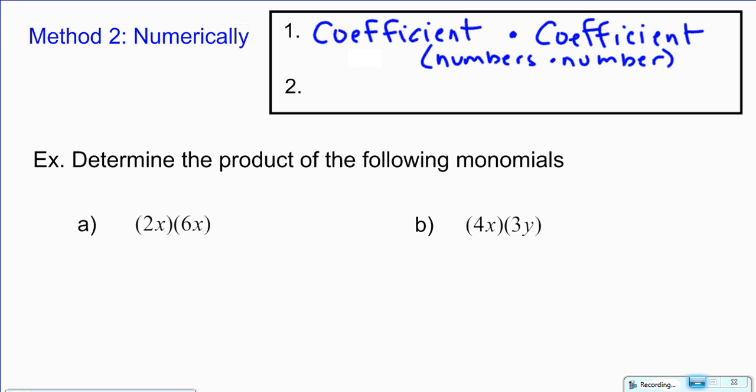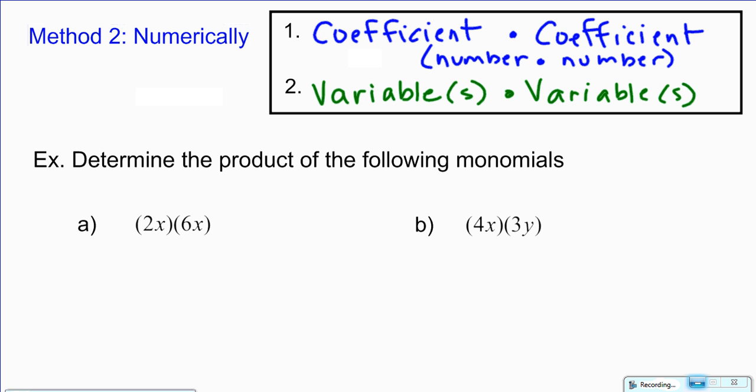A number times a number. So we're going to multiply the number with the other number, and then we're going to multiply variable and variable. And it could be multiple variables. So numbers with numbers, letters with letters, okay?